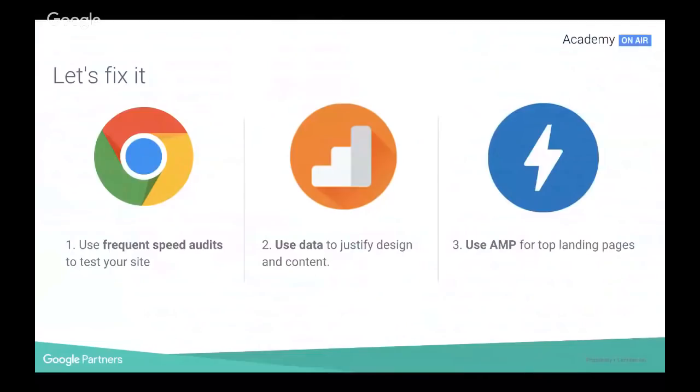Right. So in terms of fixing this problem, as someone who probably is not as involved in the web development side of things, how can you still influence it and keep a tab and make sure that you're heading in the right direction? We'll put it in 3 steps. How I would probably portray it: the first step is, move out of denial, and have regular health checks to understand if your website is doing well. Second, while it says use of data to justify design and content, what I would suggest is look at data and introspect on where exactly you can improve your website.